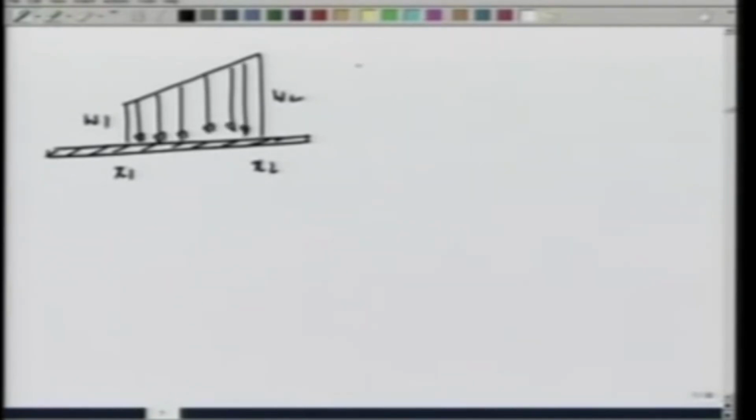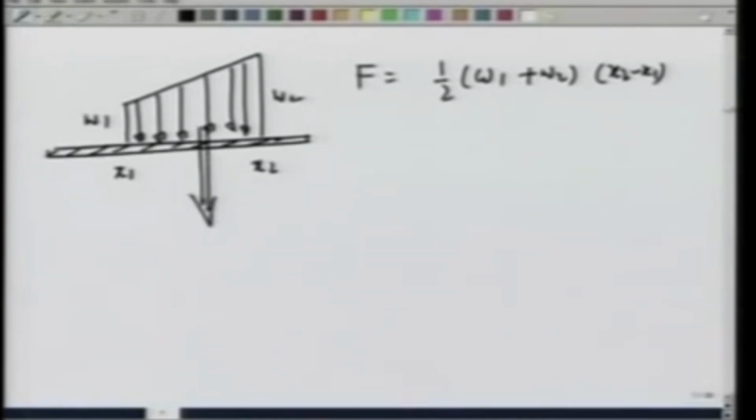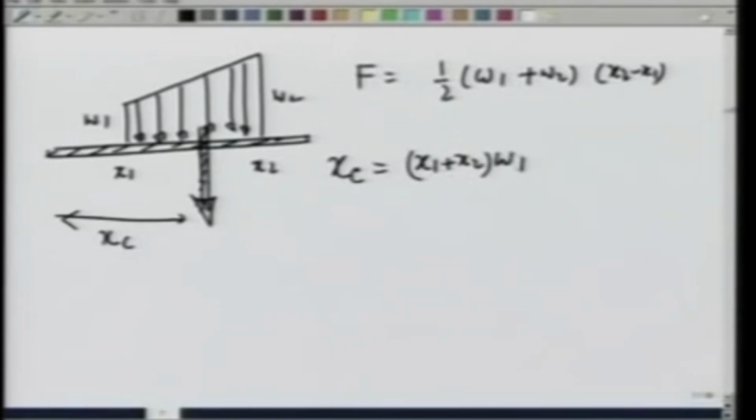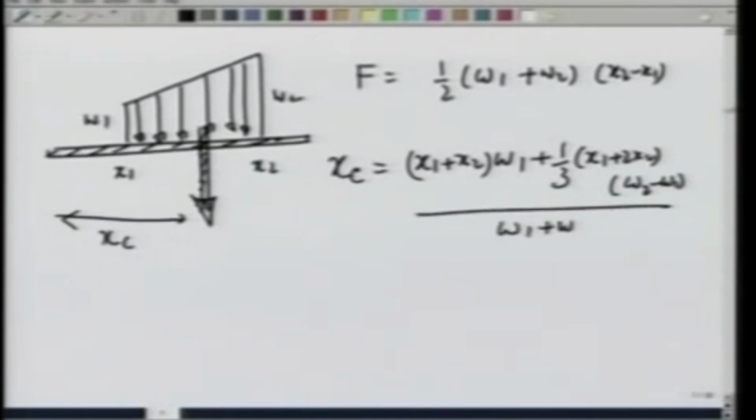Then the total load force comes out to be 1/2 (W1 plus W2) times (x2 minus x1), and the point at which it acts is at a distance xc, which is equal to, as I wrote in the previous slide, (x1 plus x2) times W1 plus 1/3 (x1 plus 2 x2) times (W2 minus W1), divided by (W1 plus W2).